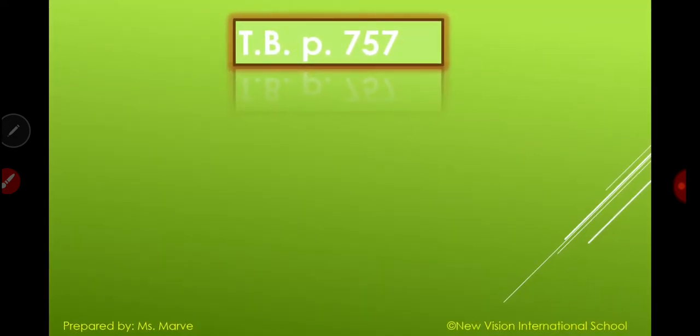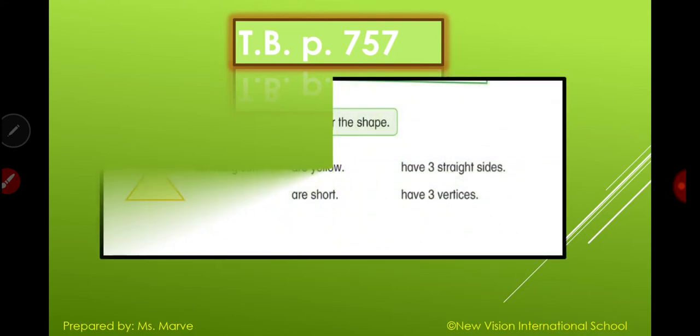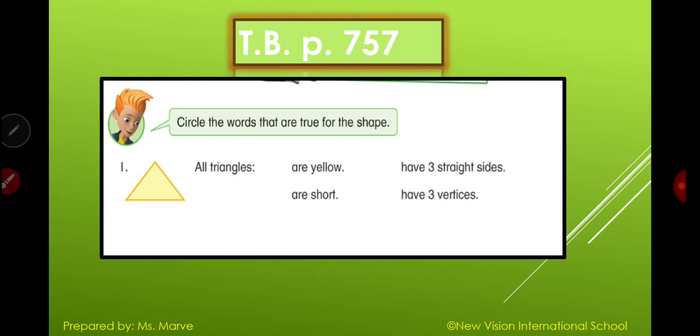Thank you. Now go to page 257. Let's answer. Circle the words that are true for the shape. The number 1, it says triangle. Now, all triangles are blank. Which one is true? Is it yellow? Is it short?